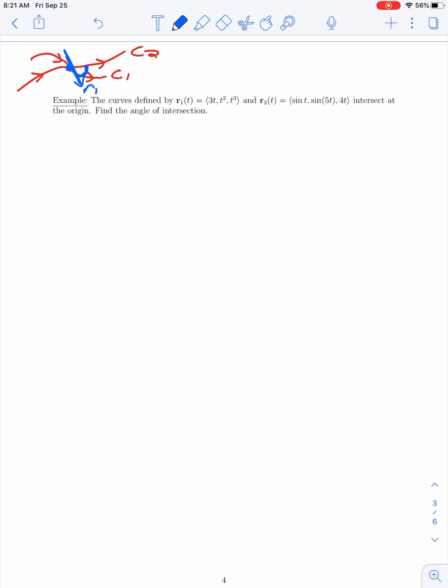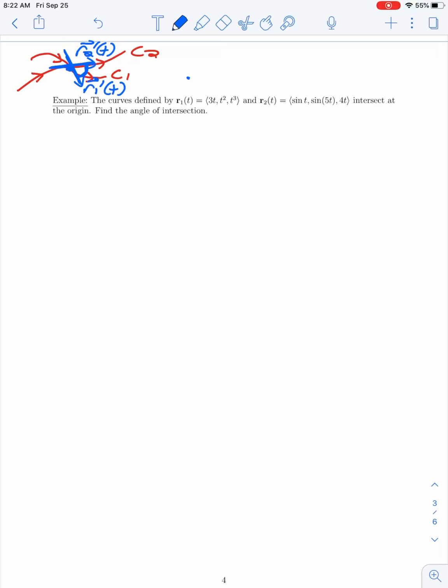Let's call it r1 prime at the point of intersection corresponding to some value of t. And for the curve C2, I could find its tangent vector given by r2 prime of t at the point of intersection.